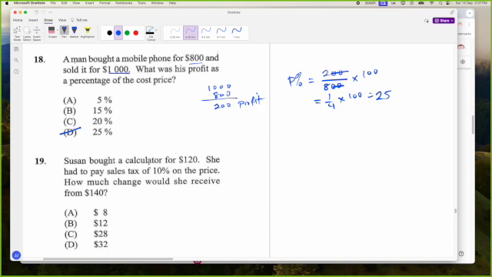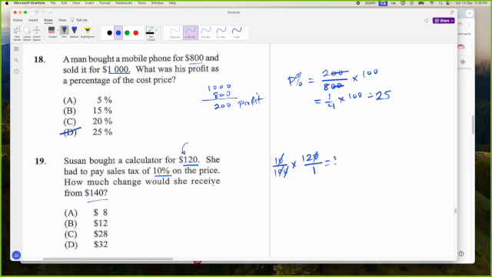Suzanne bought a calculator for $120. She had to pay a sales tax of 10% on that price. How much change would she receive from $140? Look at that question. People just want to make me do work and hurt my head, yes? 10 over 100 multiplied by 120 over 1. I'm finding 10% of the cost here.